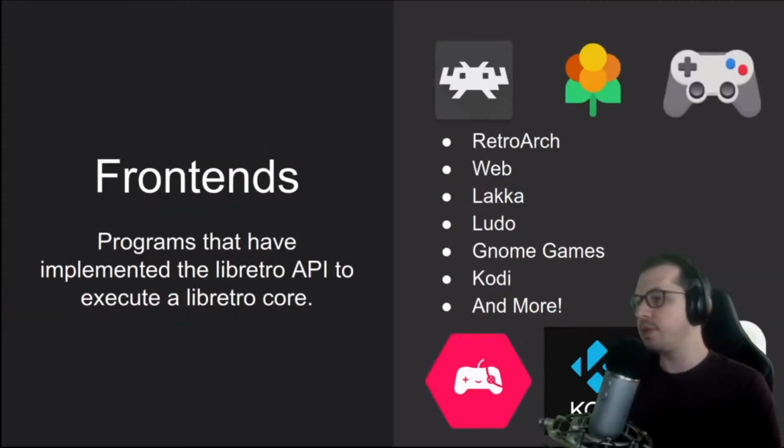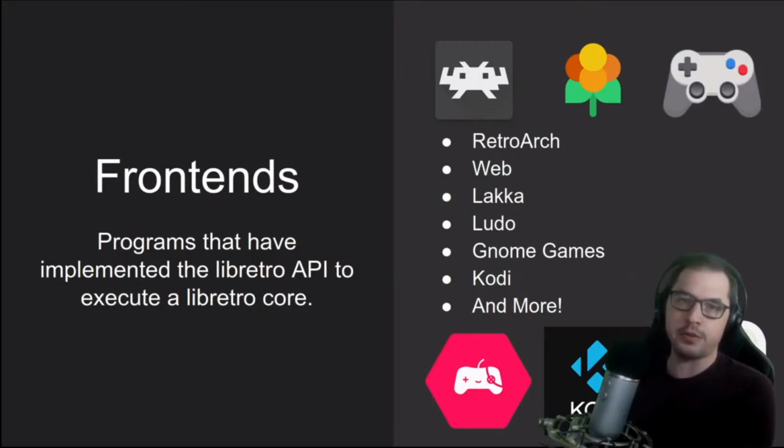So let's talk through some of the front ends involved. A front end is essentially a program that implements the Libretro API and interacts with Libretro cores. There are a bunch of front ends out there that can interact with Libretro cores, and I'll talk about some of those here.